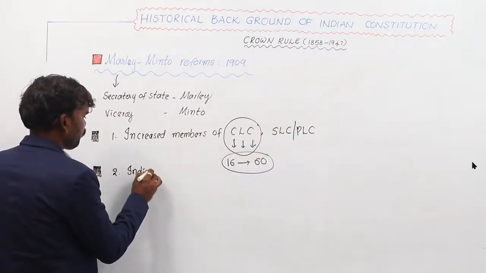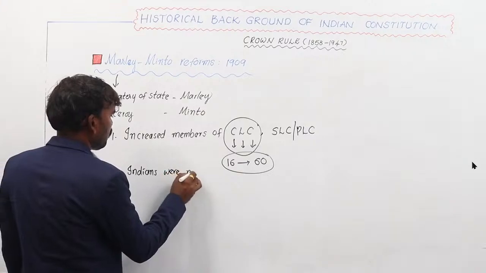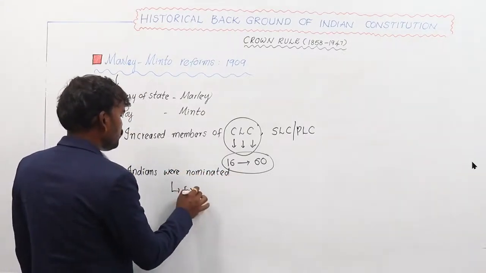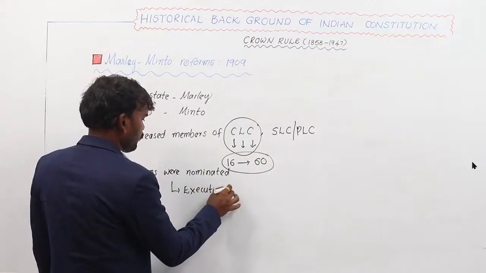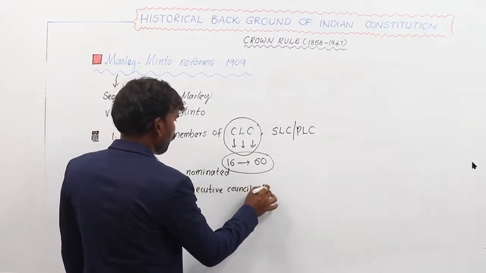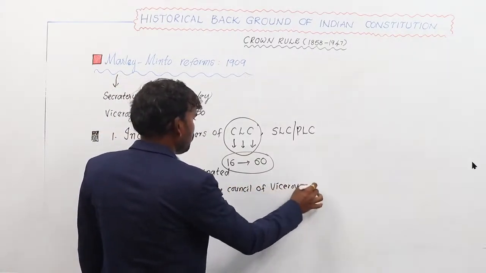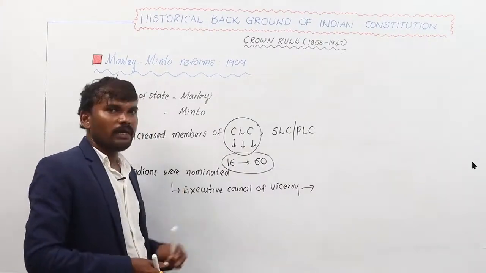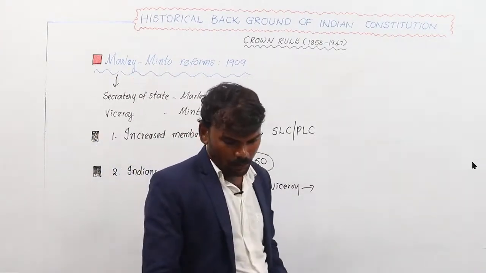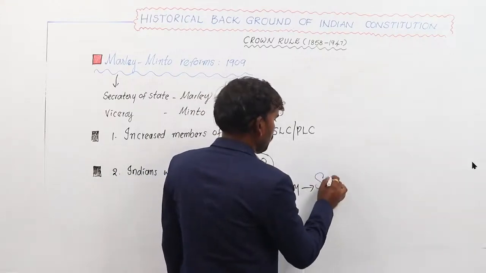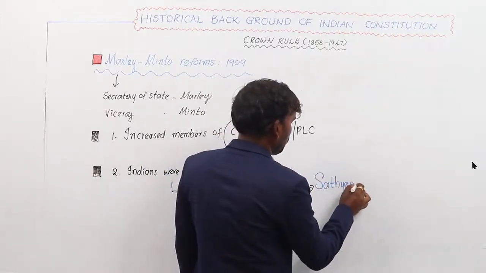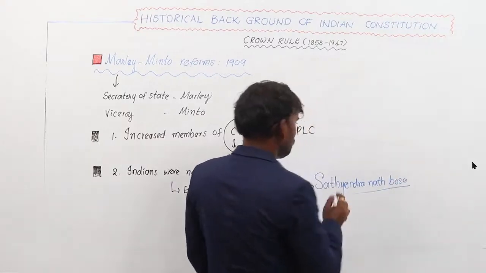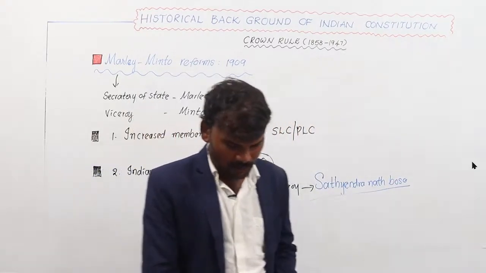The first person who was nominated to the Executive Council of Viceroy was Satyendra Nath Bose.